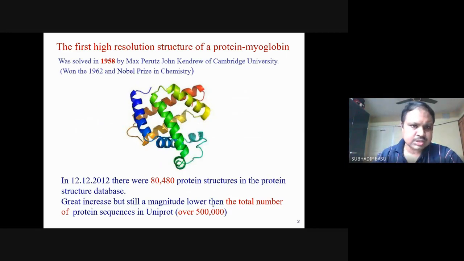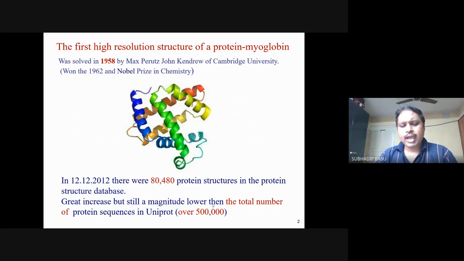And after 50, 60 years down the line, in 2012 there were around 80,000 structures, and to date we have around 110,000 protein structures in the structure database, which is called the PDB, protein structure database.